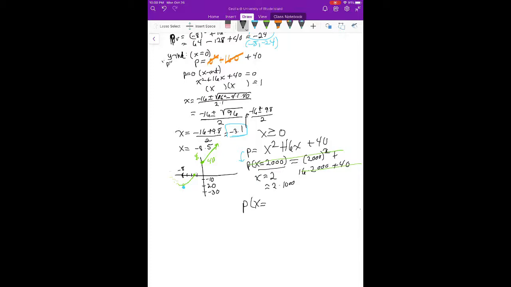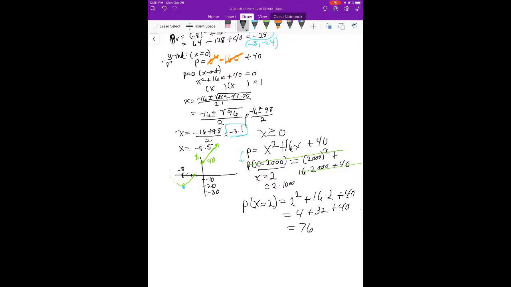We're going to do this for x equals 2, which is what corresponds to 2,000 units. So now we'll get 2 squared plus 16 times 2 plus 40. All right, so now we get 4 plus 32 plus 40, and we're going to end up with 76.